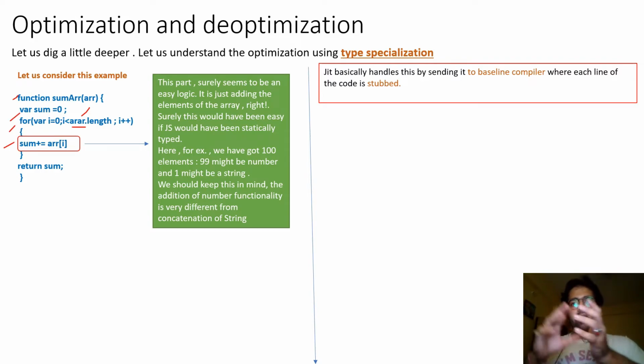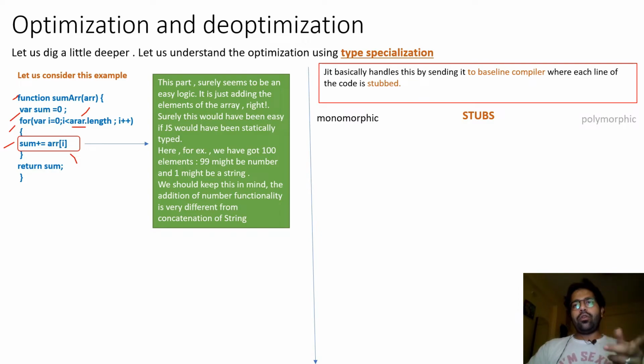A stub can be a number of representations of a particular piece of code. So this can have 5 lines of representation. Stubs can be of two types: one is monomorphic and another is polymorphic. What is a monomorphic stub?